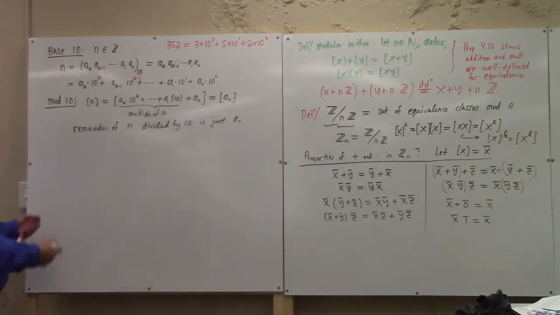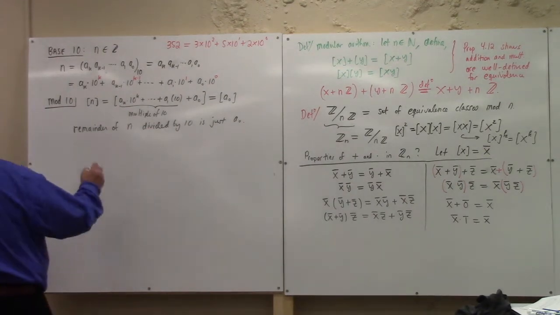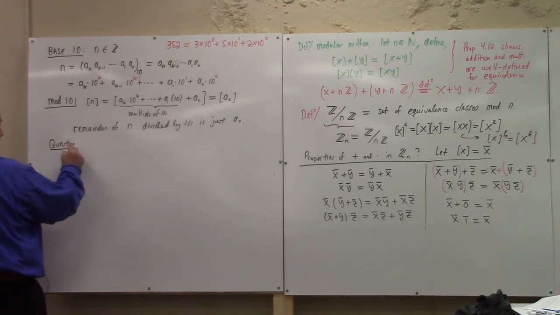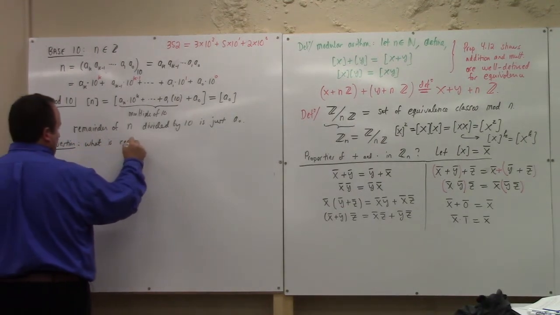Going back to what we started with today: what's the remainder of n divided by 9? If I take n divided by 9, what's the remainder?